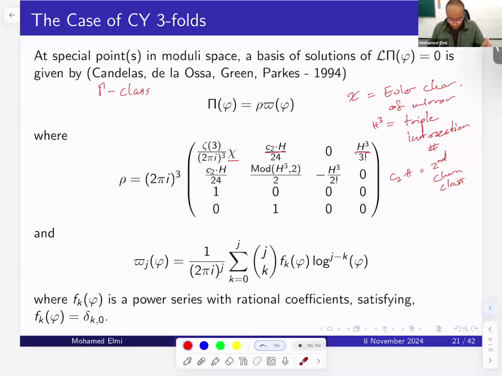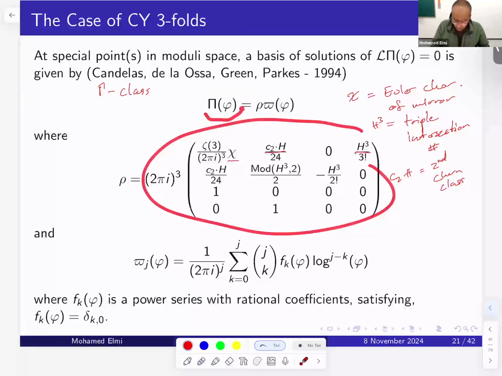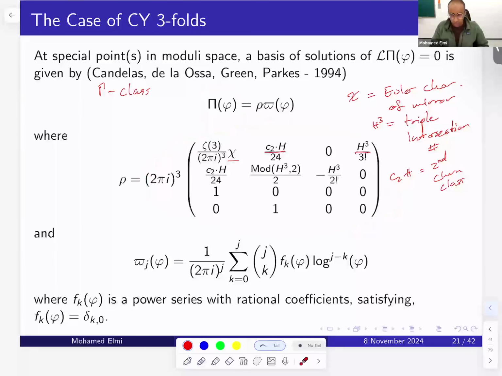Something you can do, which is a nice trick that was used by, for example, Dukov and Stratton with, I think, Enkefart, is you can just make an ansatz for this matrix. You plug this in, you numerically compute the monodromy matrices for this, and then you say these should be integral, and these give you strong constraints on these numbers.